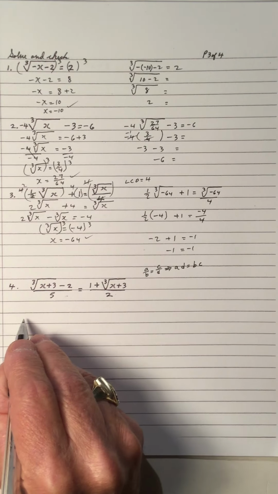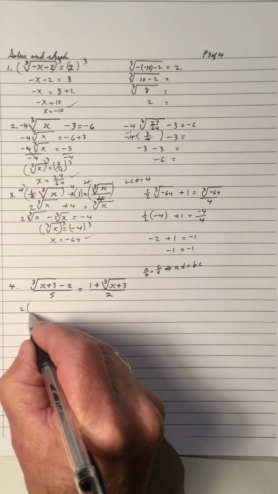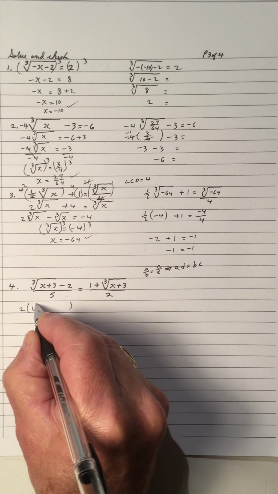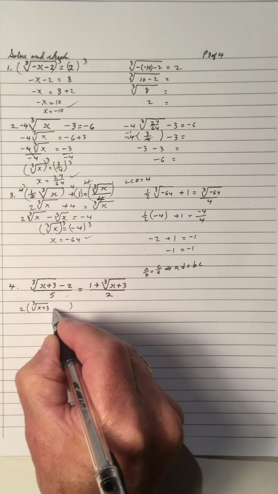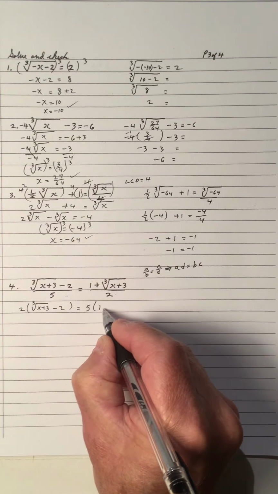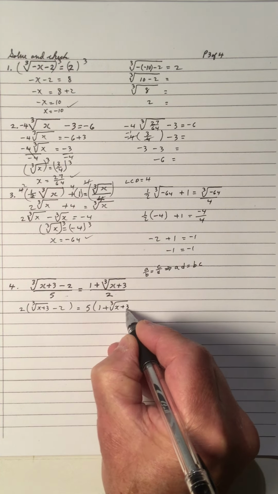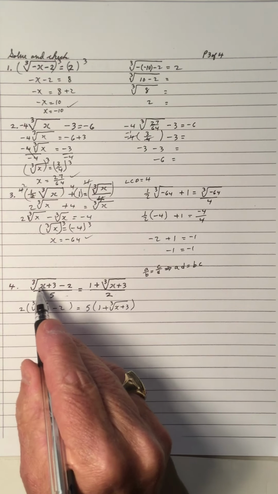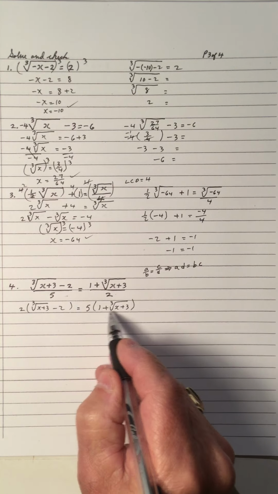So we'll take 2 times cube root of x plus 3 minus 2 equals 5 times. So we cross multiply: 2 times this numerator is right here, and 5 times this numerator is right here.